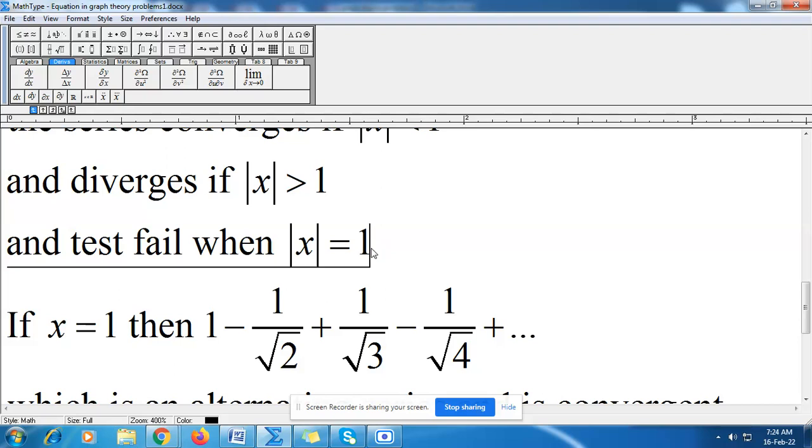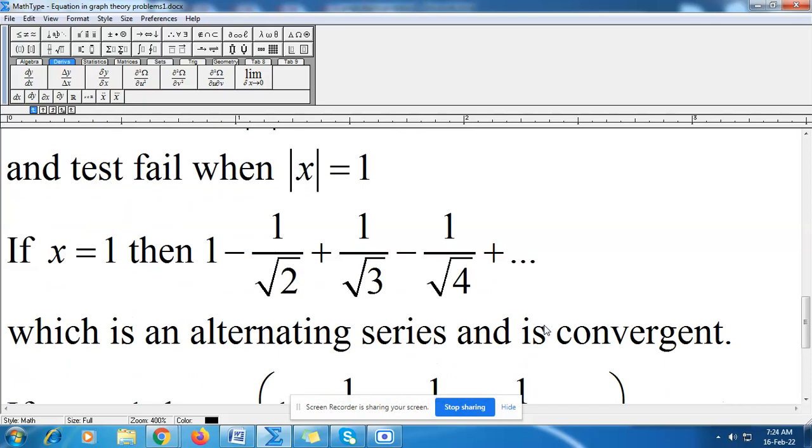Mod x equal to 1 means x equal to 1 or minus 1. So if x equal to 1, then we have 1 minus 1 by root 2 plus 1 by root 3 minus and so on. This is an alternating series which is convergent by Leibniz test.